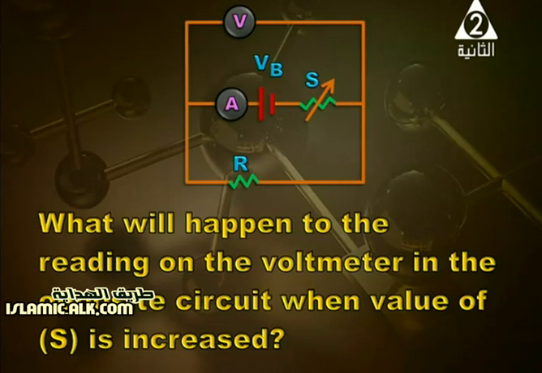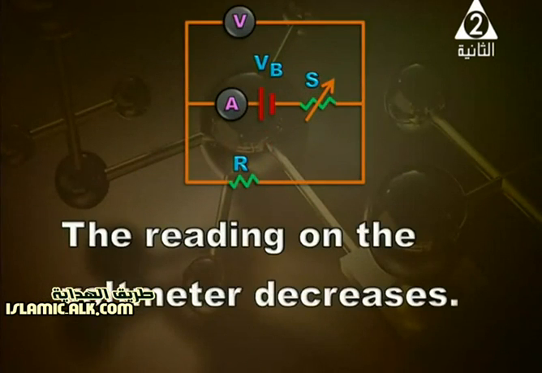What about the voltage applied across this resistance? It is the product of the current and the resistance. The resistance is constant, so the current will determine what will happen to the reading of the voltmeter. When increasing the value of the variable resistance, the current decreases, so the reading will be decreased. So the reading on the voltmeter decreases.